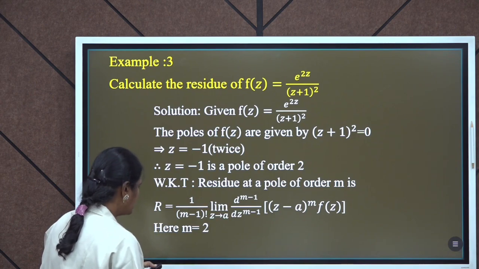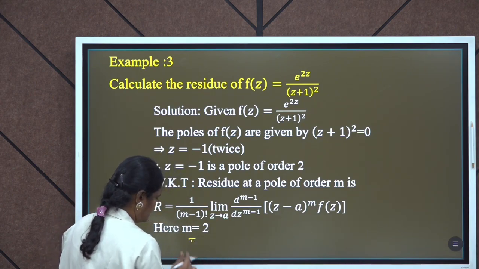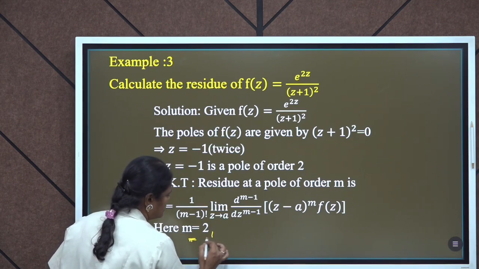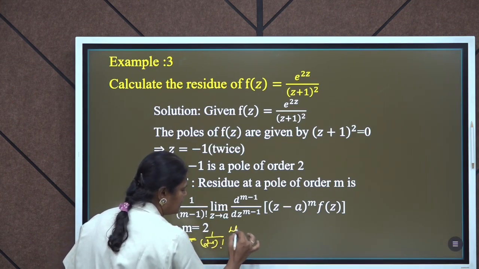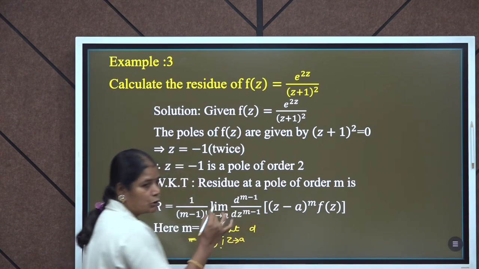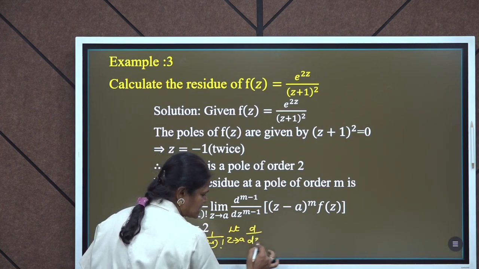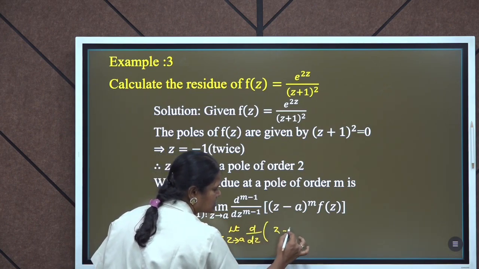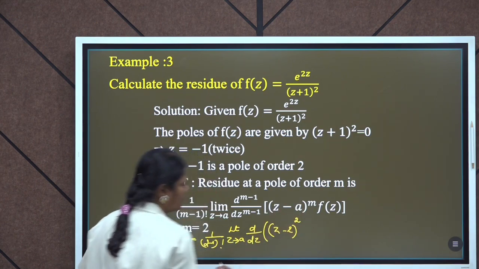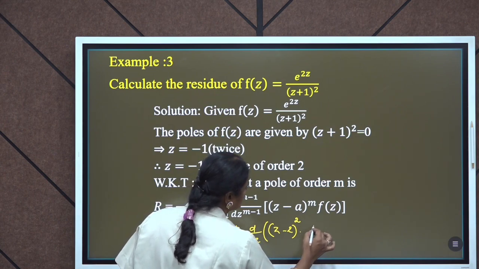That is 1/(2 − 1)! times the limit as z tends to a of d^(2−1), that is 1, d/dz of (z − 2)² f(z). What is f(z)?